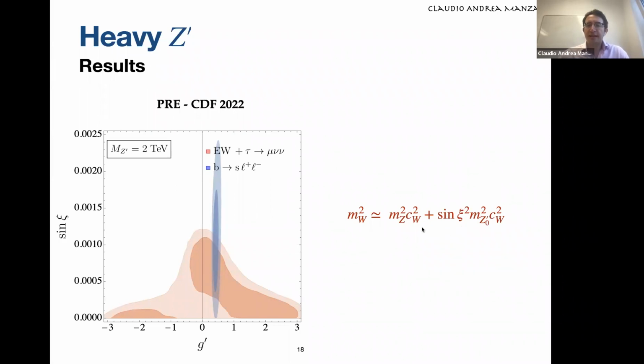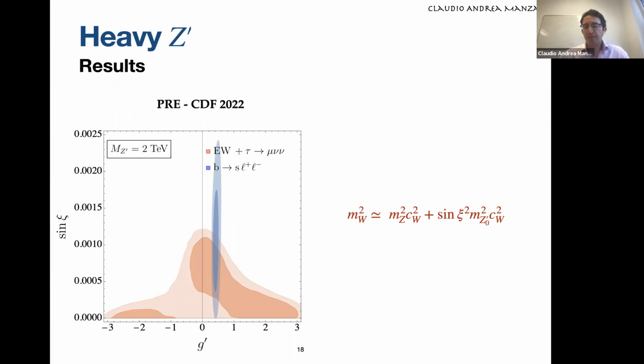So you see that the shift in M_W is proportional to the mixing angle squared times the mass of the Z prime boson squared. Let's say that we keep the mass of the Z prime fixed to compare then the two results. It's clear that an increase in M_W will lead to an increase also in the mixing angle.